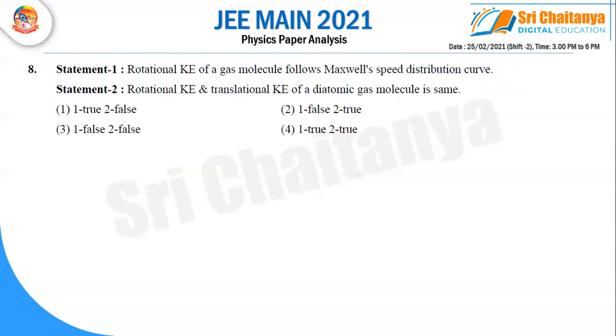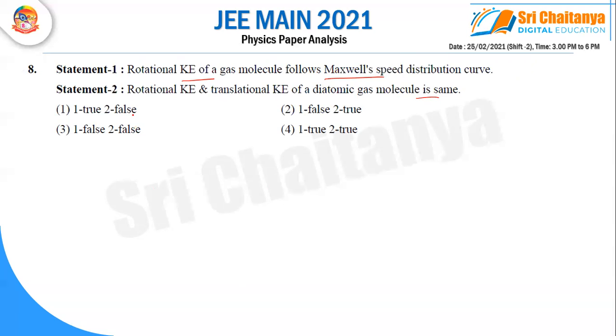Now the eighth one: the rotational kinetic energy of a gas molecule follows Maxwell's speed distribution curve. The rotational kinetic energy and translational kinetic energy of a diatomic gas molecule are the same, he says. According to Maxwell's distribution curve, it's always drawn for the number of molecules versus the velocity of molecules.